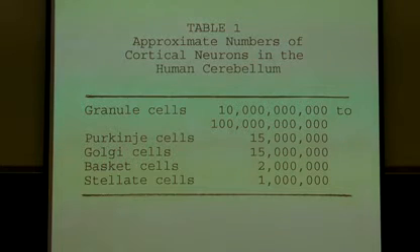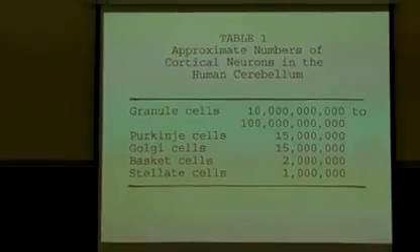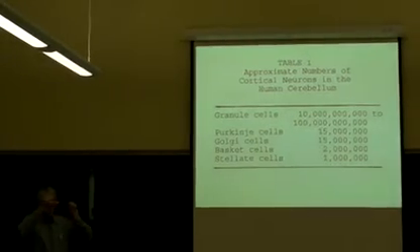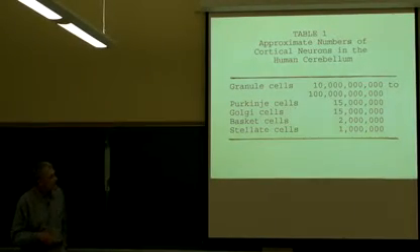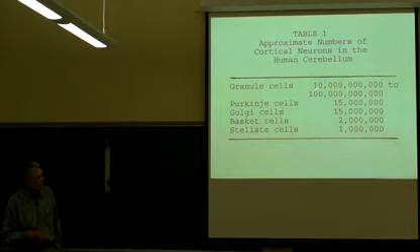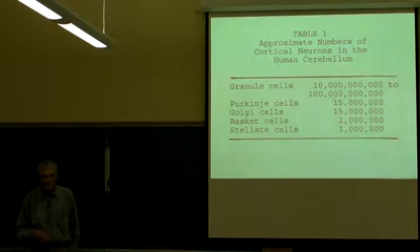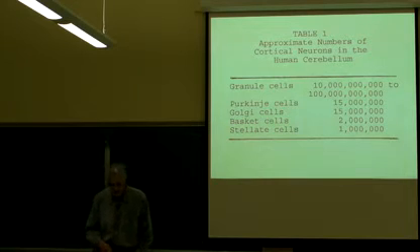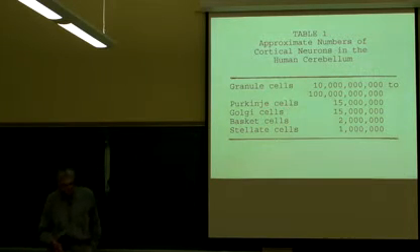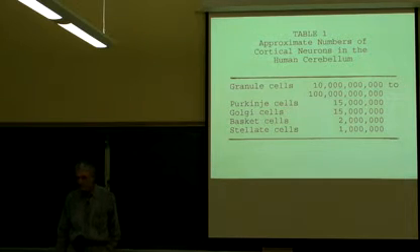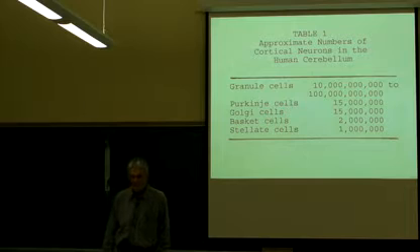Now here are some of the numbers we would like to learn to appreciate of the various kinds of cells in a human cerebellum. The granule cells, the ones that receive mossy fibers and then go up into the outer part of the cortex and branch into parallel fibers. The estimates there are anywhere from 10 to 100 billion, and it has been jokingly said that of the 50 billion neurons in the human brain, 100 billion are granule cells of the cerebellum.